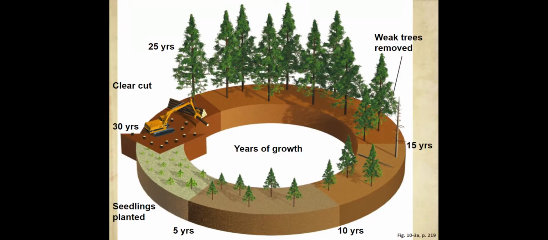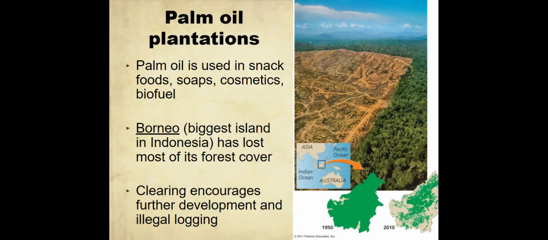So what happens here is you clear cut this certain area, seedlings are planted, and after about 15 years, this is constantly managed. Weak trees are removed so that the other trees can grow, and then they're cut again, and every single area is managed in a commercial plantation.